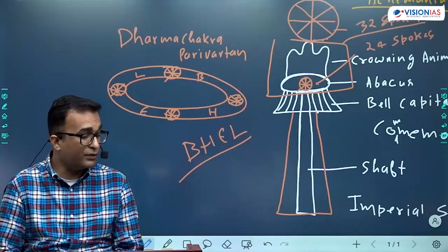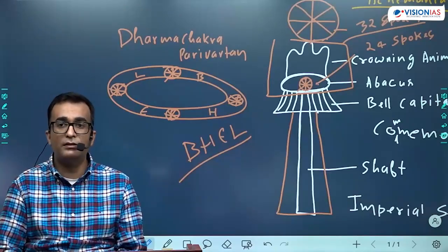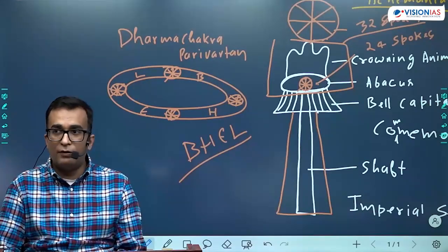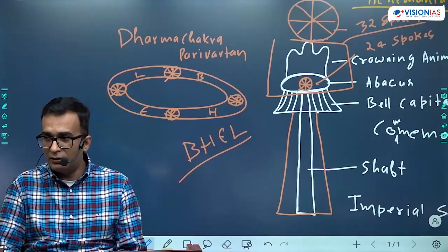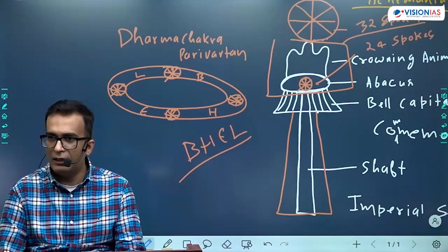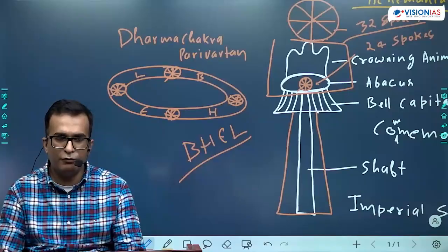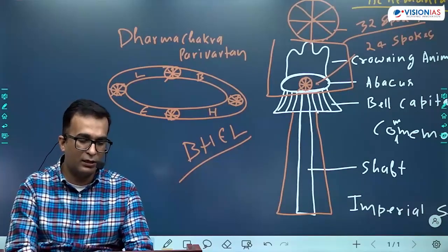Then mention national emblem. In the abacus, there are 4 back-to-back chakras.